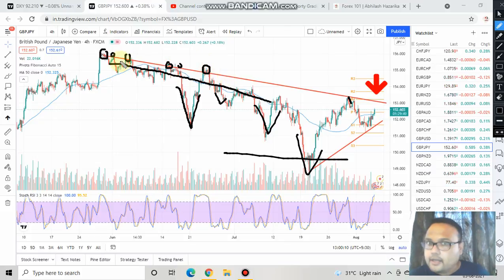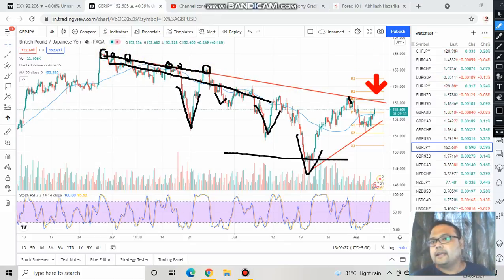In your trading platform also you can draw this trend line, and you can clearly see that it is a very strong resistance for the market. Therefore you must have this trend line in your charting platform.